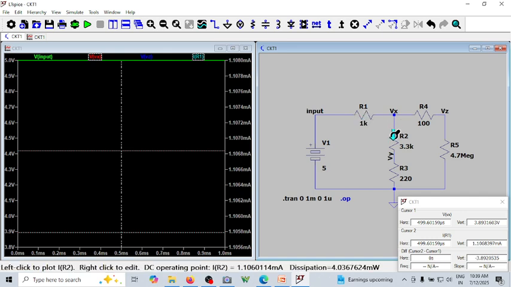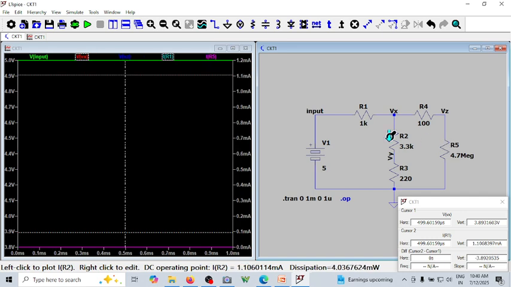Here, this is the current going down through R2, this is the current going down to R3, this is the current entering R2 from left to right, and this is the current going down through R5. So if I click on this, I will get I of R5. See here, once this symbol is coming, if I click now, I will get IR4.